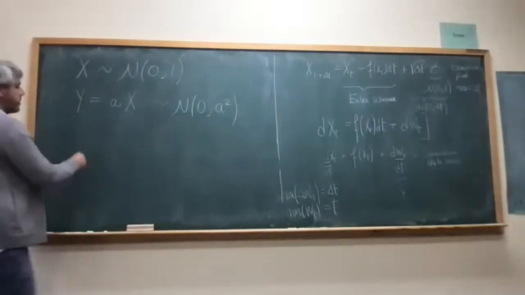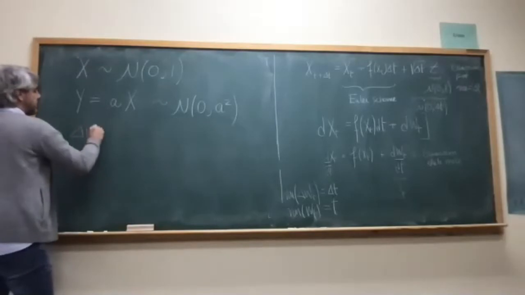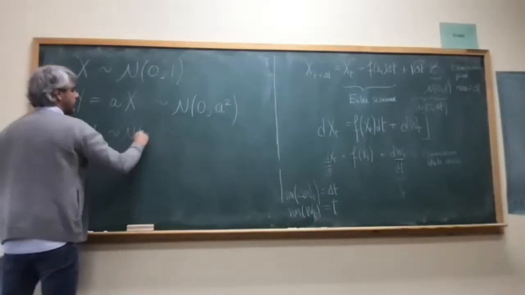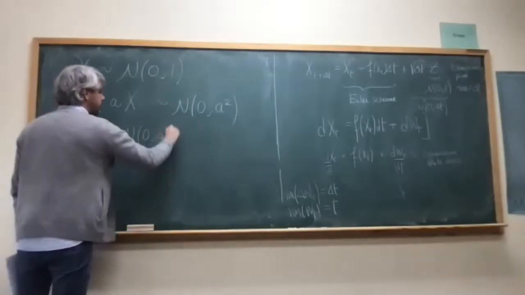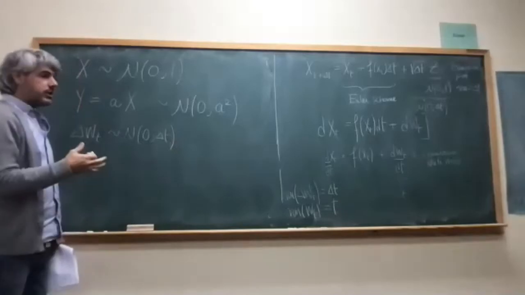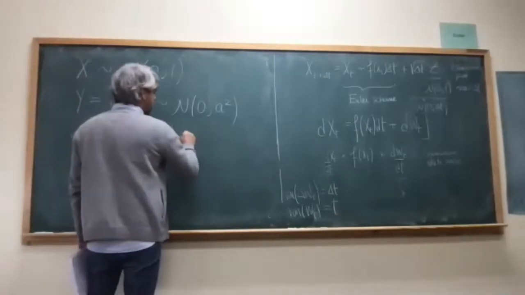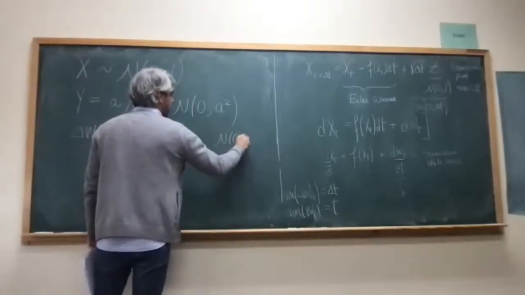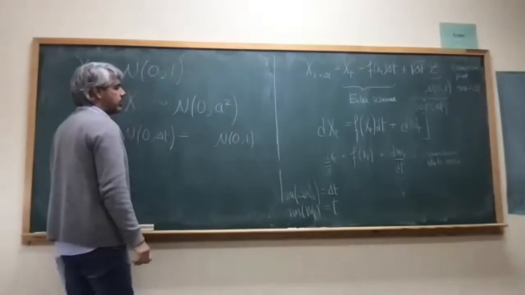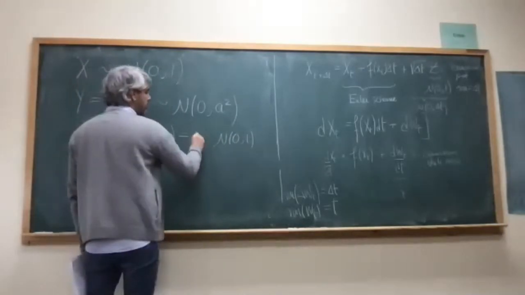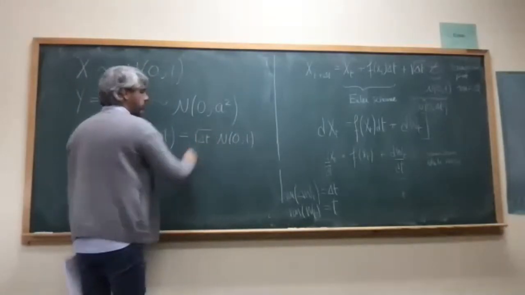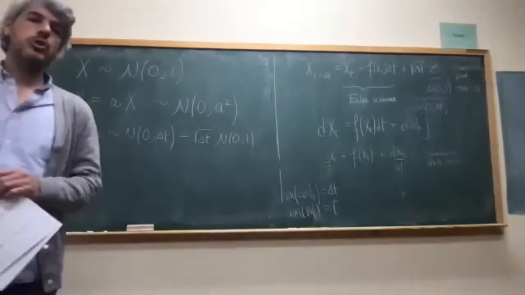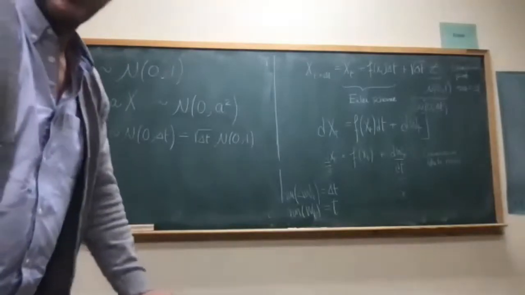Okay, so a little trick: if I want my increment to have a variance delta t, a good trick numerically is to take a standard normal random variable and multiply by square root of dt. Okay, so this is what we'll do numerically. We'll see this tomorrow when we do this numerically.